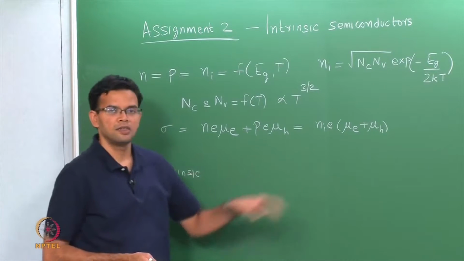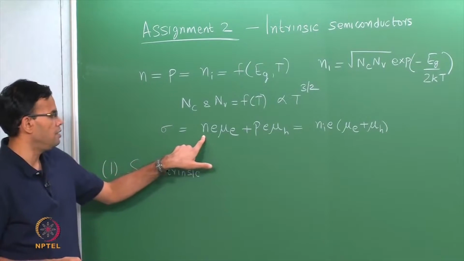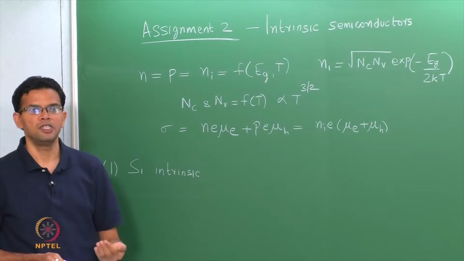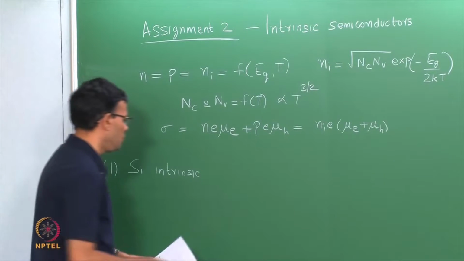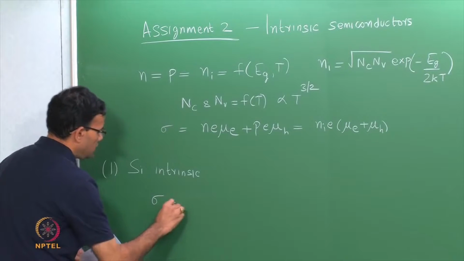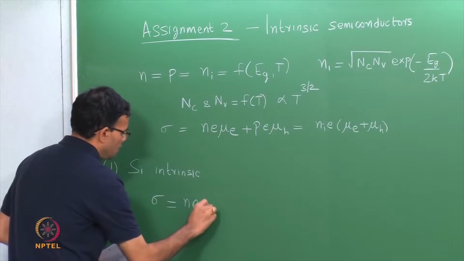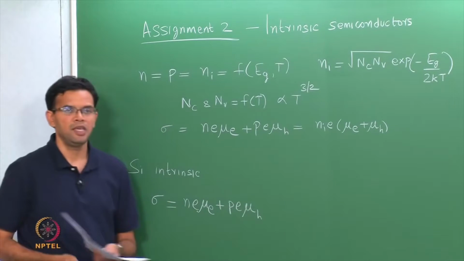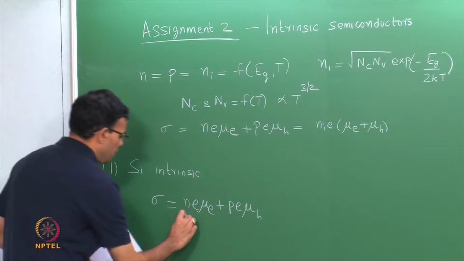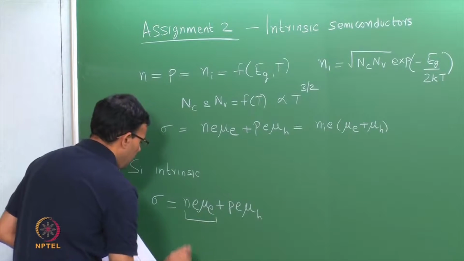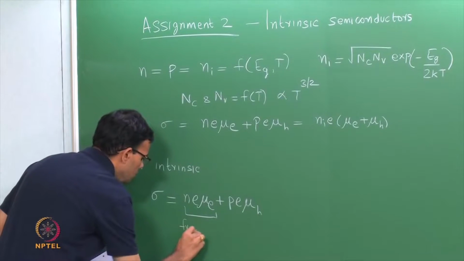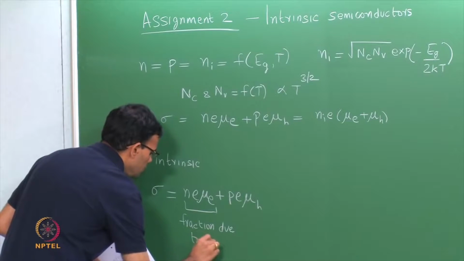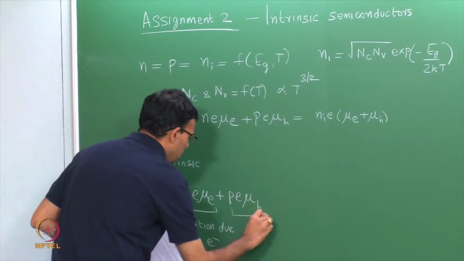The reason is the conductivity not only depends on N, it also depends upon mu e and mu h, which is the mobility of the electrons and holes. So, we can write the conductivity equation N e mu e plus P e mu h. This represents the fraction due to electrons, and this is the fraction due to holes.